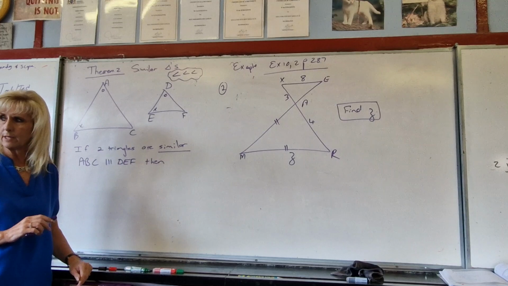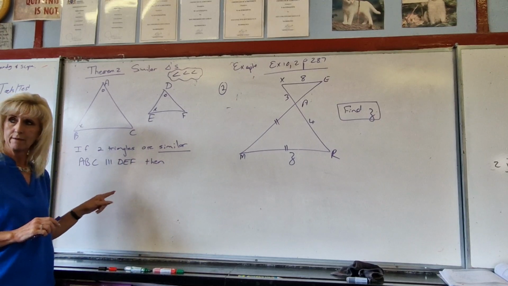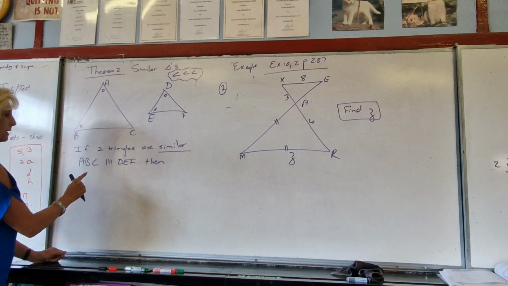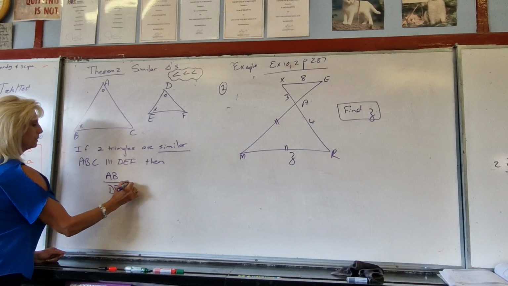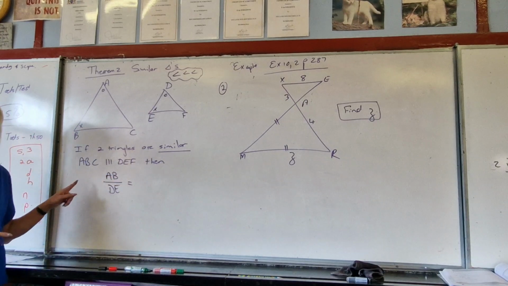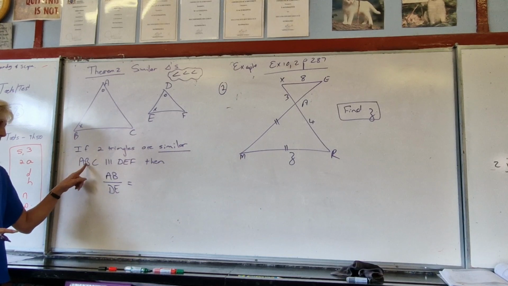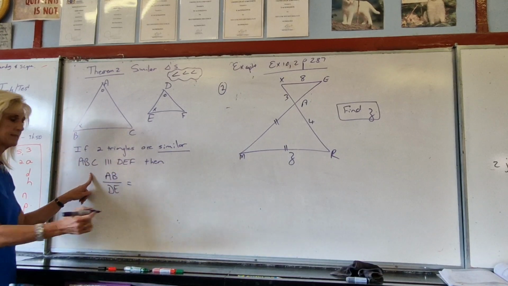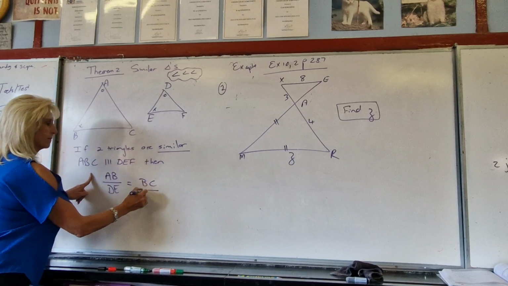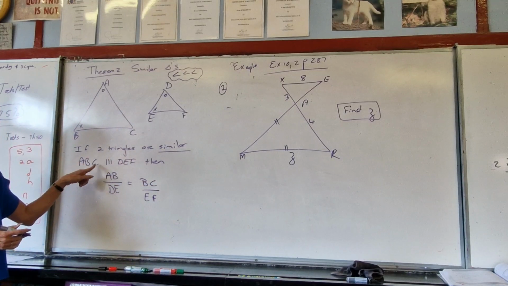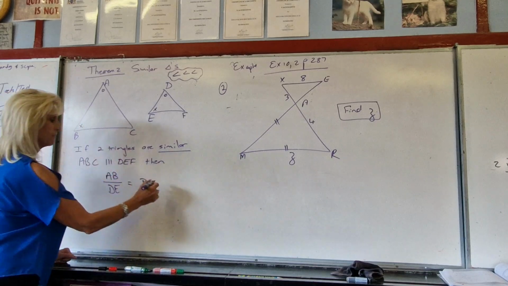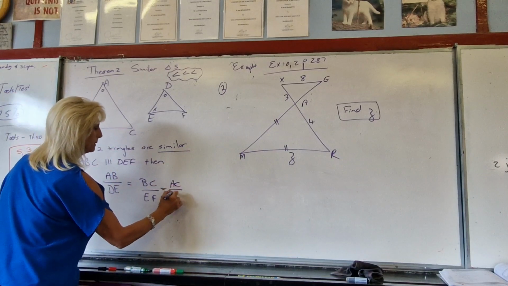You will be reminded of what you did in grade 9 when you said AB over DE would be the same as AC over DF, following a pattern, depending on what you need.